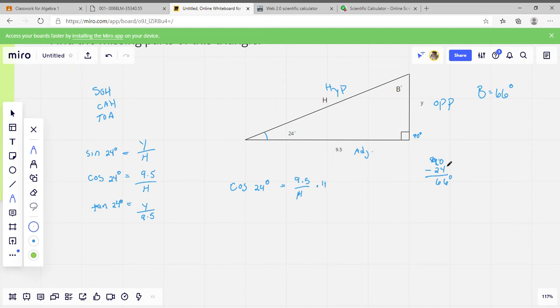If I multiply both sides times h, these are going to cancel out and I'm going to have h times the cosine of 24 degrees equals 9.5, and then I would need to divide by the cosine of 24 degrees on both sides.